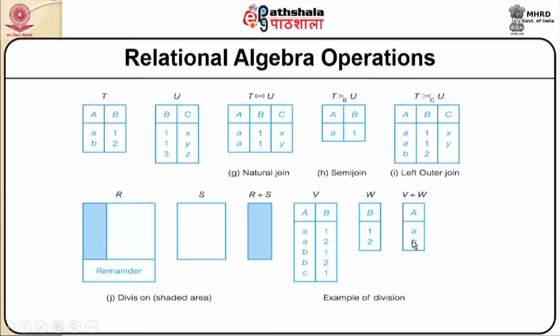So, it avoids duplicates. So, the resultant will be a relation A with the values or the records A and B.